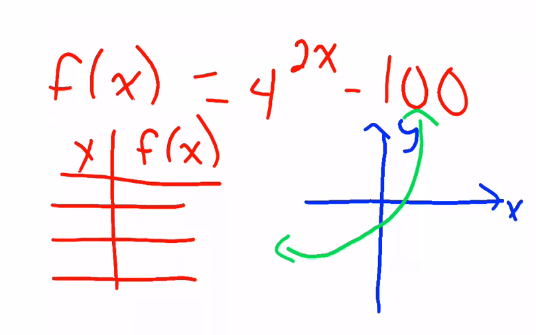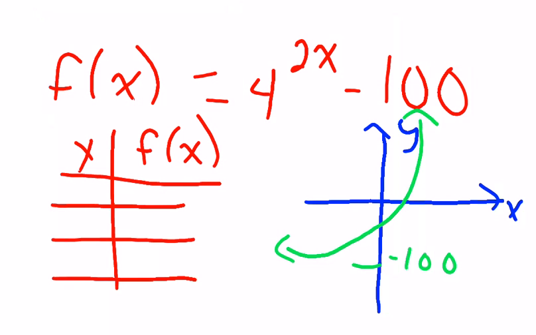And so this number down here is negative $100. So as we look at this graph, what we can tell is how low does it go?